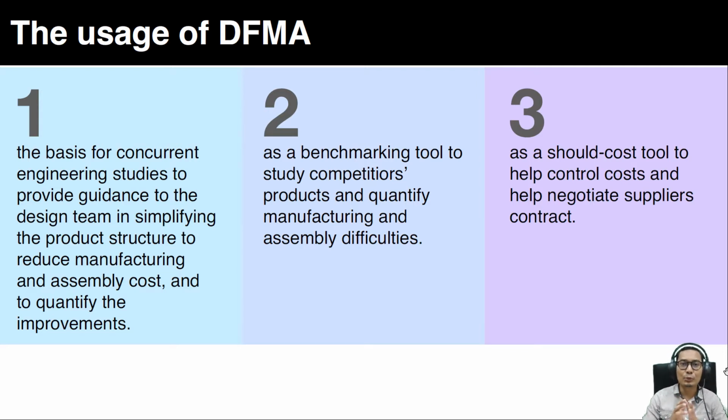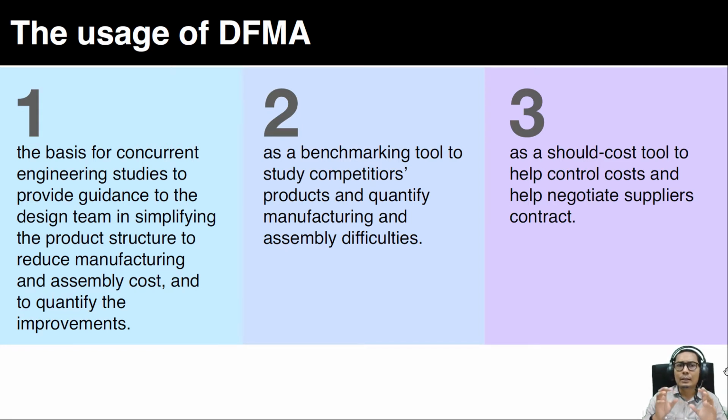Okay. What is the use of DFMA? So DFMA is used as the basis for concurrent engineering studies to provide guidance to the design team in simplifying the product structure to reduce the manufacturing and assembly costs, and also to quantify improvements.